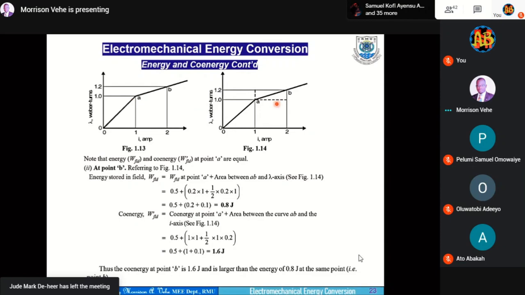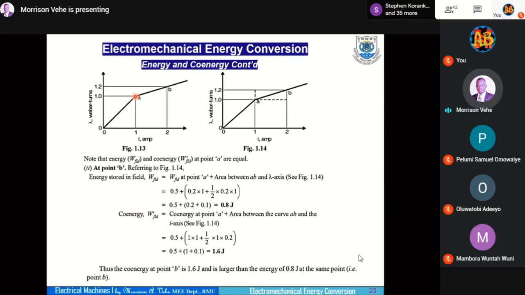You can take time and go through this yourself. It's a simple thing, and you realize that we are using, for instance, OA points. This whole thing is a triangle, so you can tell what is happening in terms of the area, just using the area of a triangle: half base times height.